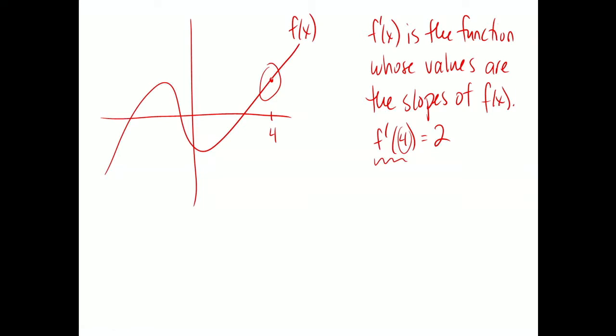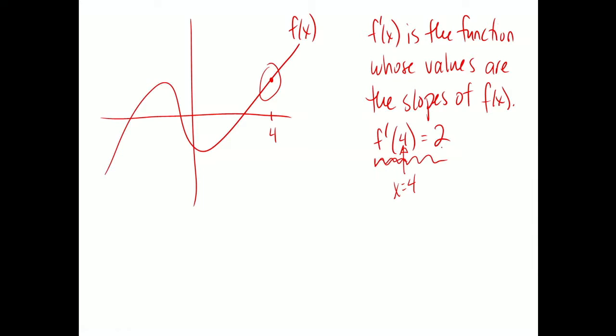So if I say f prime of 4 equals 2, what does that actually mean? This is the derivative, because I have the little mark here, at x equals 4. Again, the parentheses always say what x value we are talking about. Oh, 4, okay. So this says the derivative at x equals 4 is equal to 2.